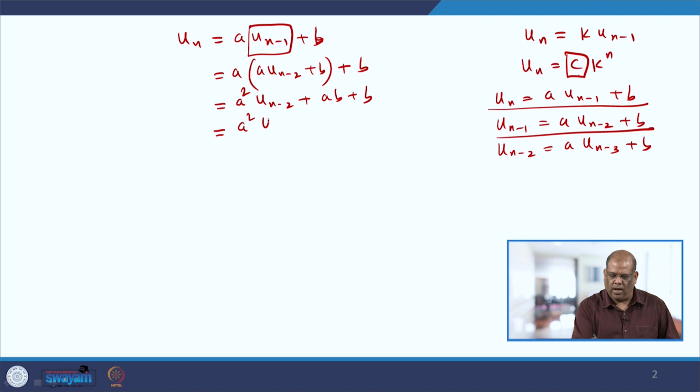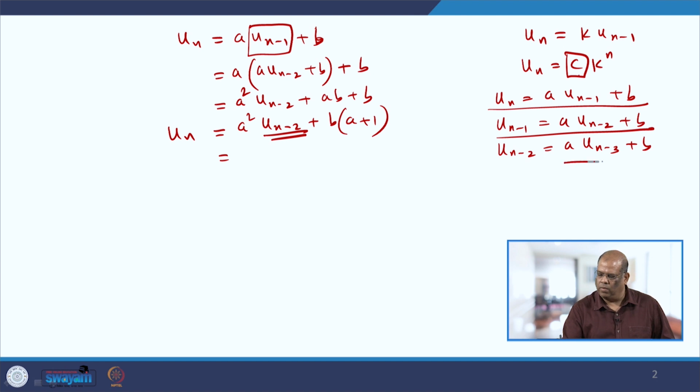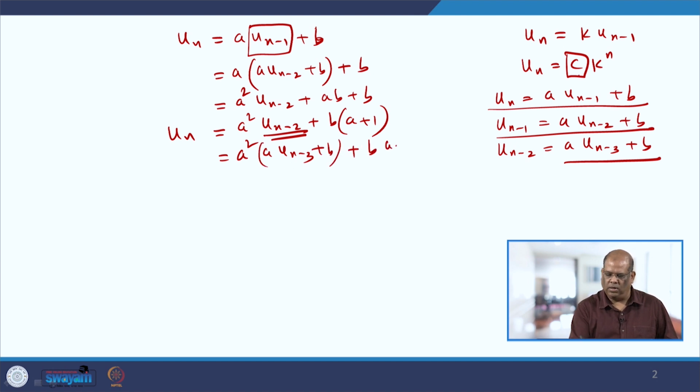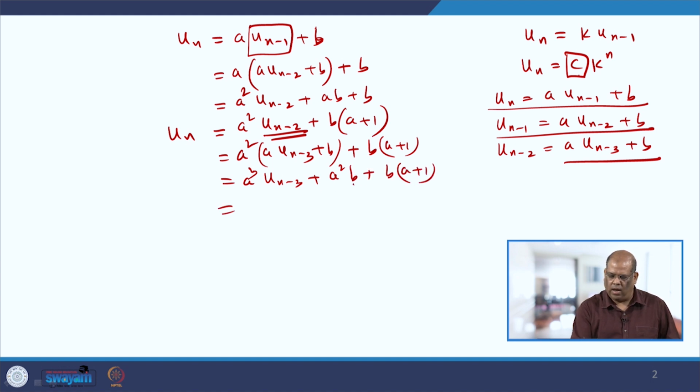So, this I can write as a square un minus 2 plus b taken common, a plus 1. Now, in the next step, I will replace this un minus 2 by a times un minus 3 plus b, times a plus 1. This can be written as a cube un minus 3 plus a square b plus b into a plus 1, and I take b common.